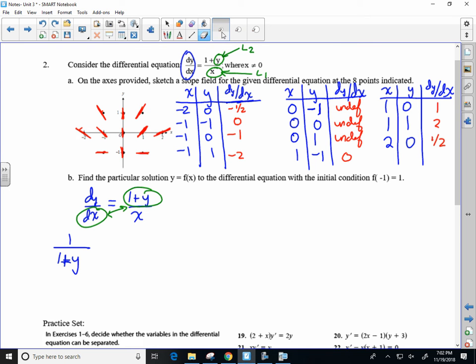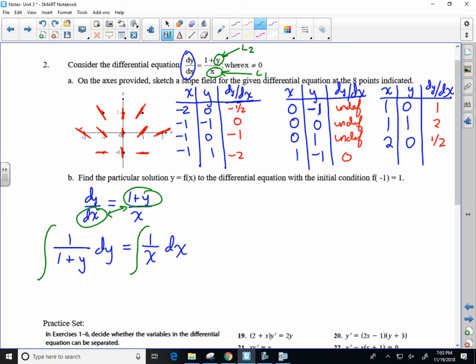That looks terrible. 1 over x dx. Now you look at that and you say, well, that's terrible. There's no way that's going to lead to a simple function. And I'm telling you, simple function. Very simple. What's the antiderivative of 1 over 1 plus y?